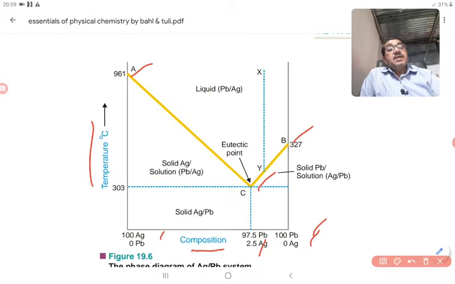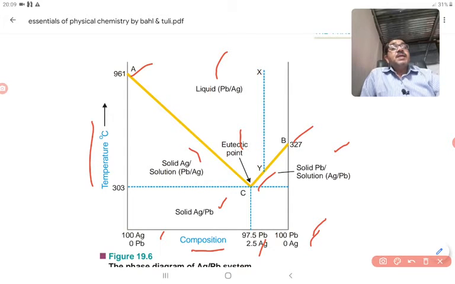Solid AgPb, then solid Ag, then solution, then eutectic point, liquid PbAg, then solid Pb solution, that is AgPb solution. So these are the different points here.